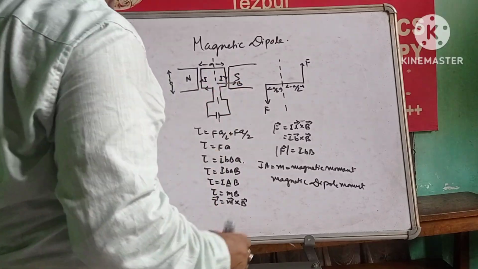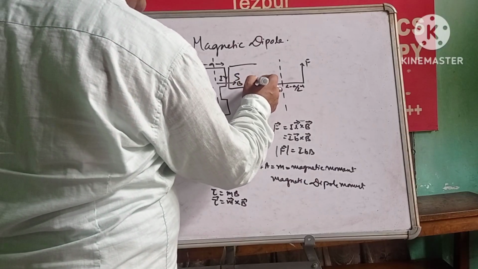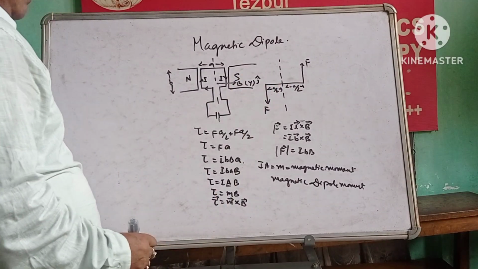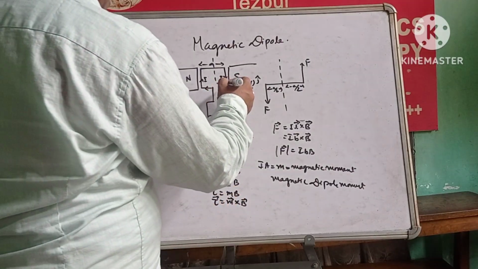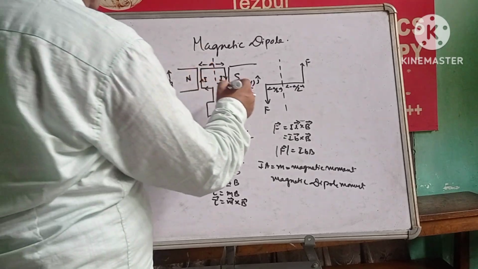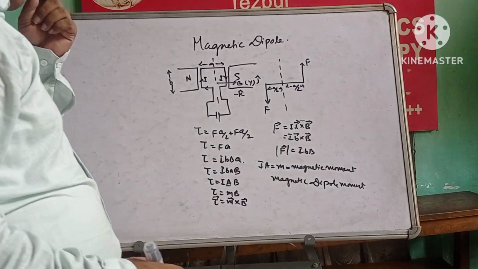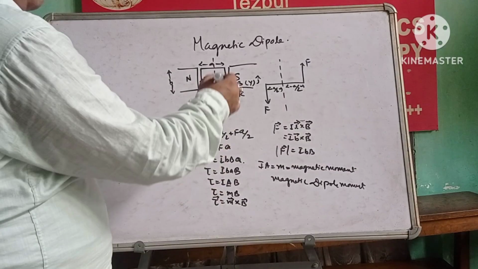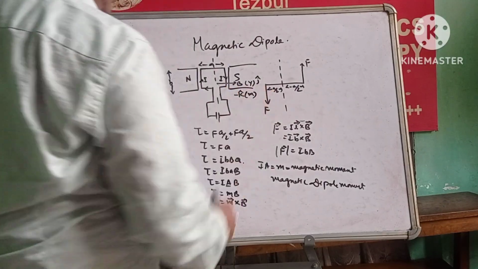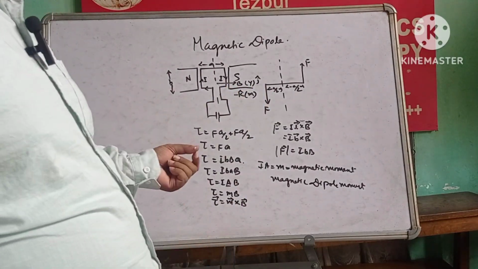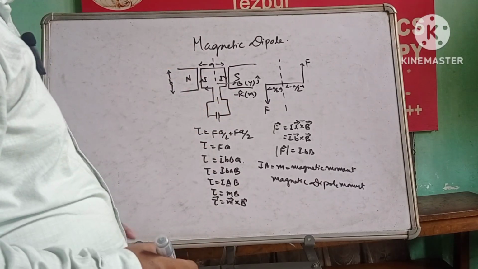Let us take B along the y-axis, that is j cap, and the dipole moment in minus k cap. This is the direction of the magnetic dipole, because the direction of the area is the direction of the dipole. So this is minus k cap, that is vertically downward.